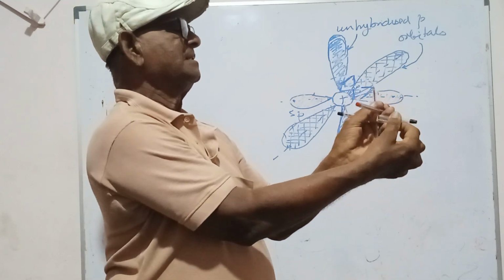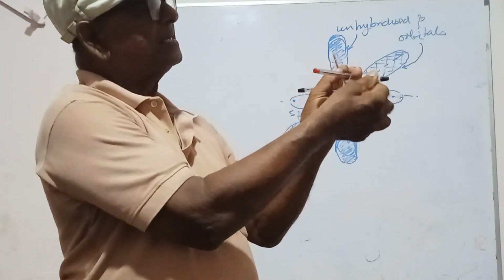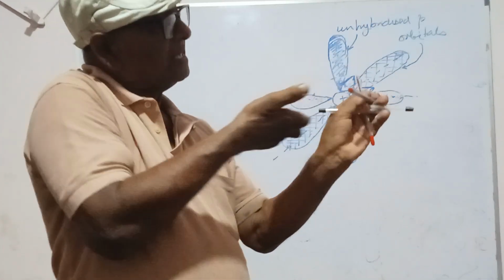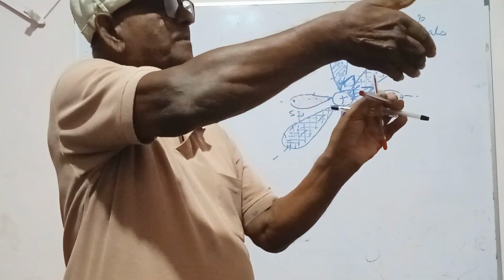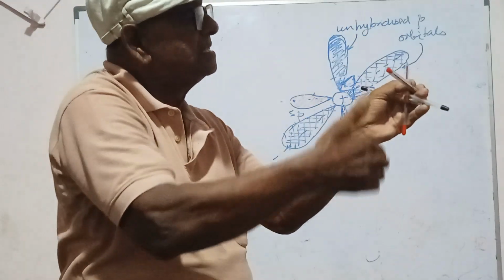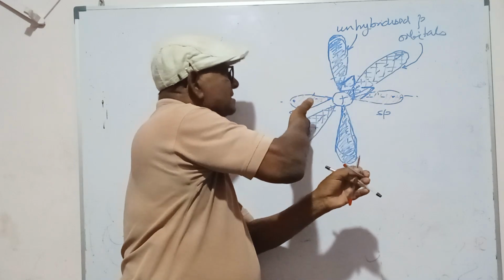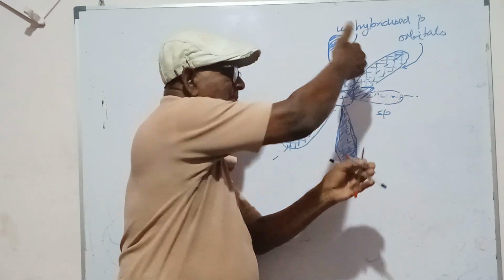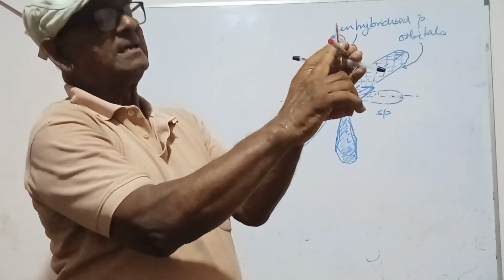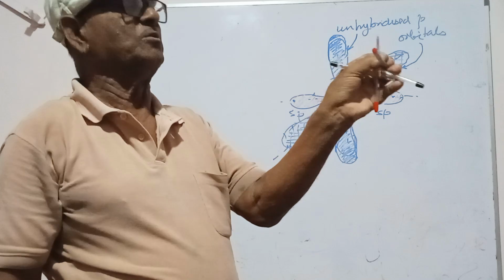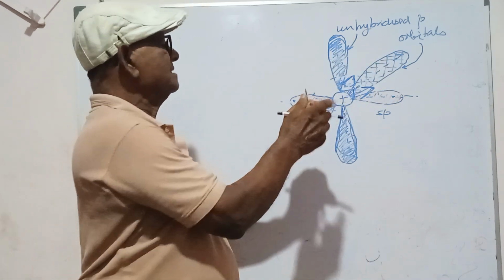Right? So these two are the sp hybridized orbitals. This is vertical, and this is the other one perpendicular to the vertical plane. This is the angle. This is the hybridized orbital, and this is the unhybridized orbital. Right? This is the arrangement.